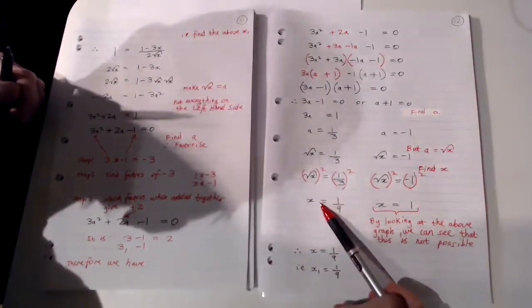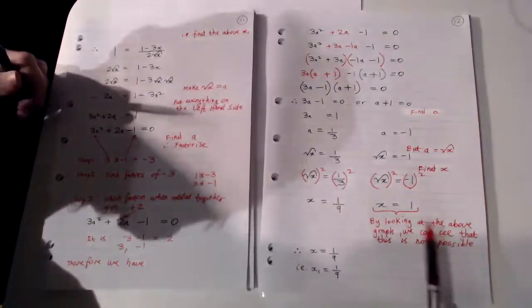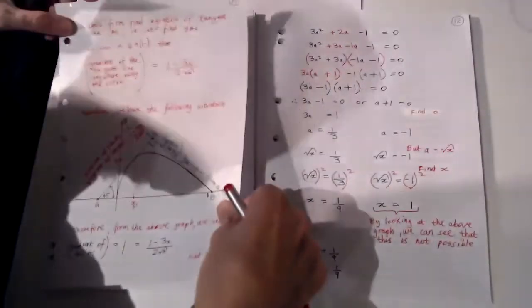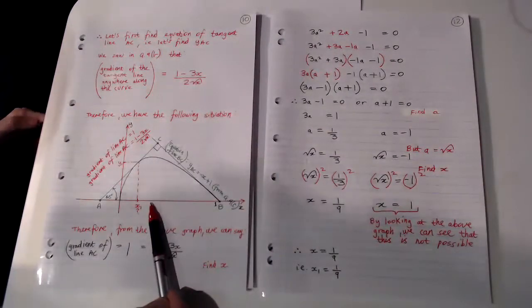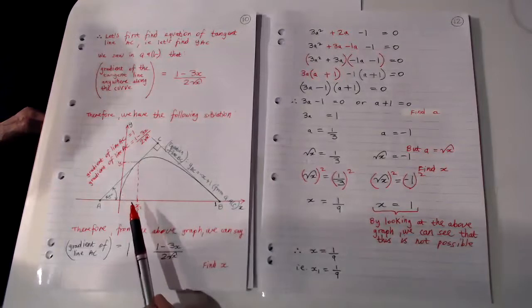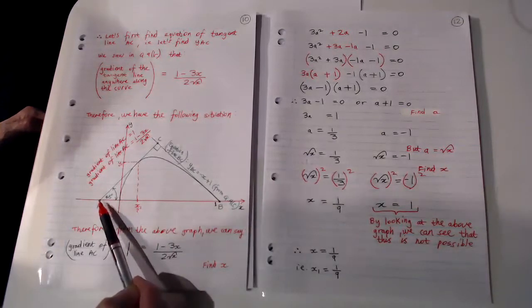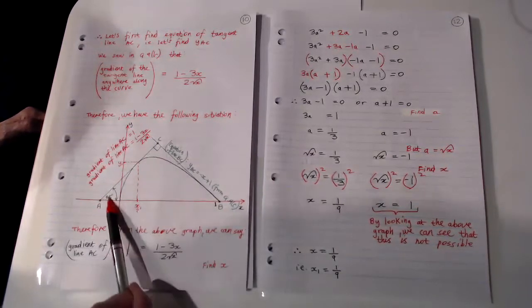Now, the thing is this, are both x values possible? Well, in this particular case, no. Why? Because as you can see from the diagram here, the green tangent line AC is on this side.